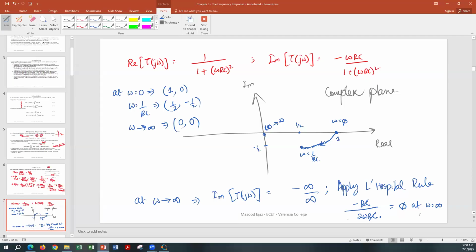So basically, as you are changing the value of frequency, your polar plot is going from 1 as a real value towards 0 as a real value. And the imaginary values are going from 0 towards 0, passing through negative 1/2.